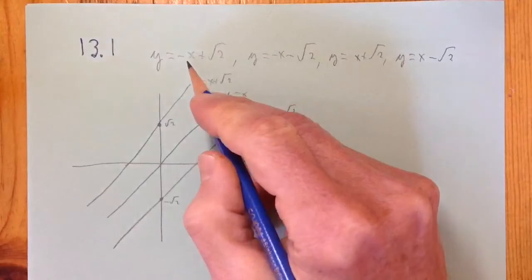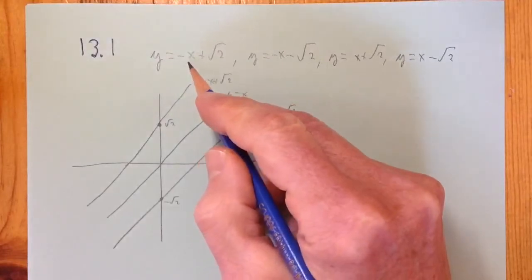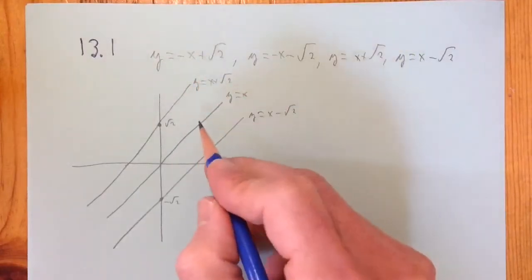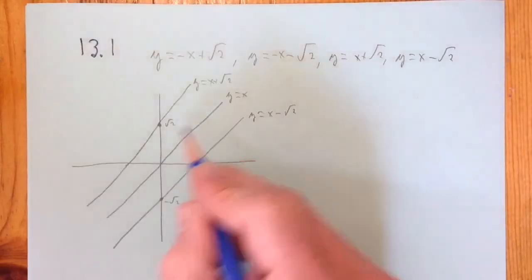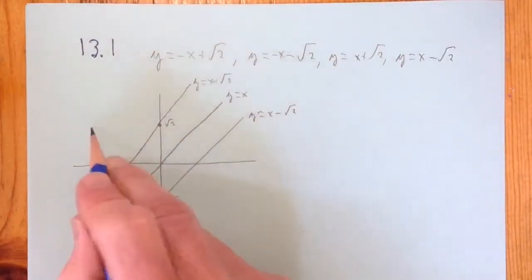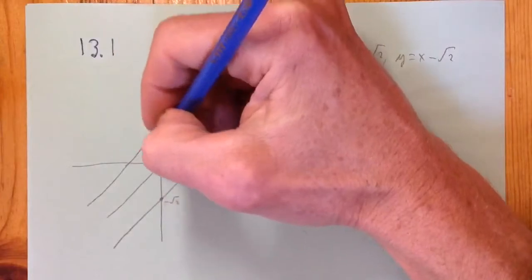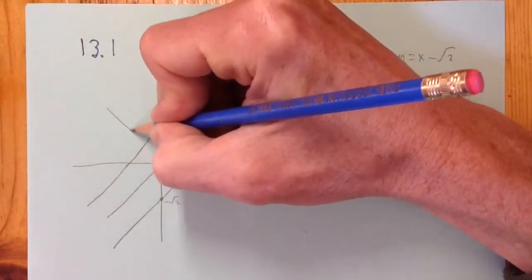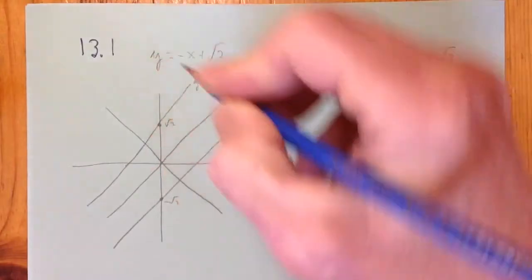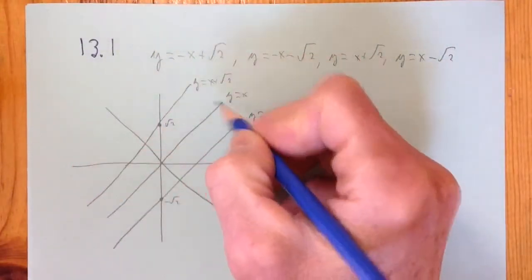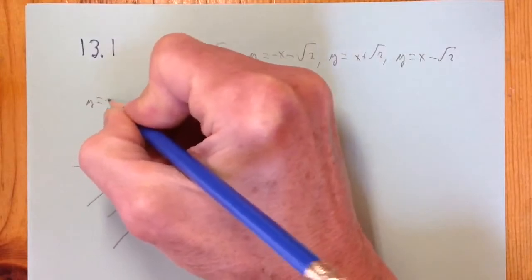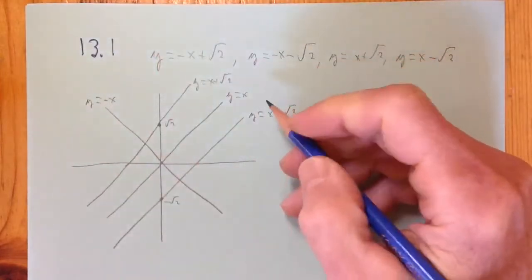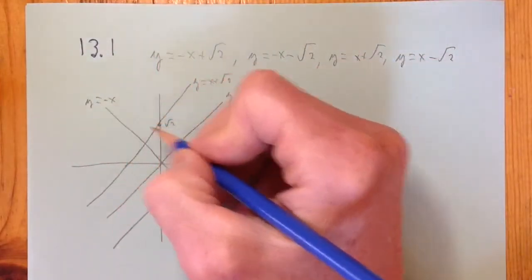And then negative x means you take x and you reflect it about the y-axis, so whatever is positive becomes negative. So it's basically going this way, right? So I'll draw y equals negative x. Here's x, negative x, so this is y equals negative x. And then we do the same thing.